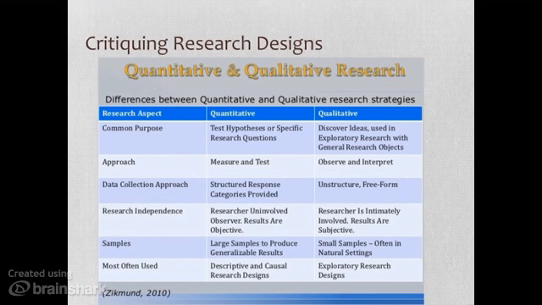Each method has specific elements that must be met. There are subtypes within quantitative and qualitative research. It is important to note how studies achieve results. Did the researcher account for the elements of the research design? Did the researcher overlook a key component? What are the limitations? How was the data analyzed?